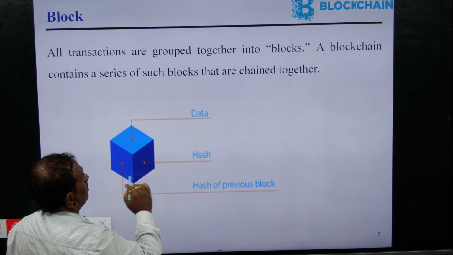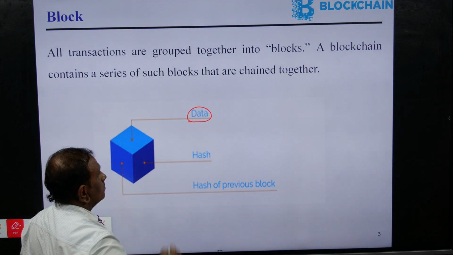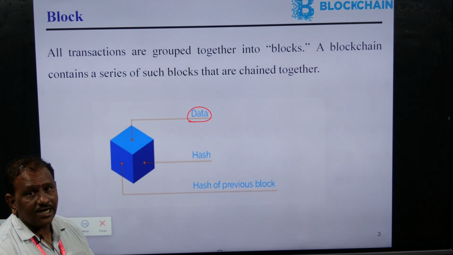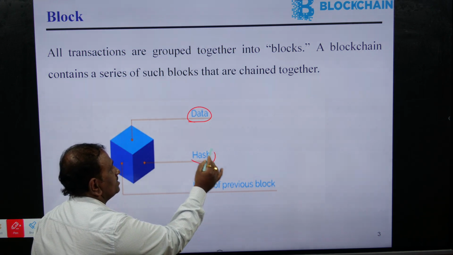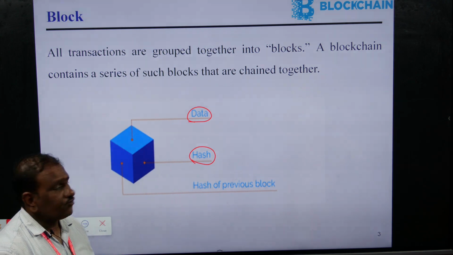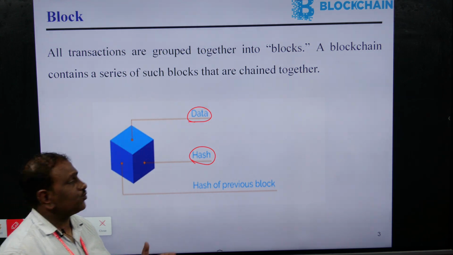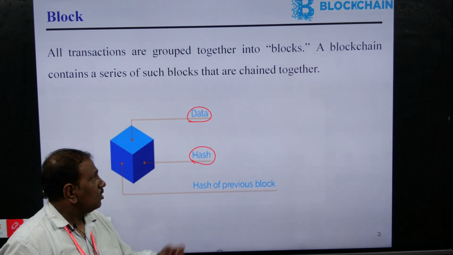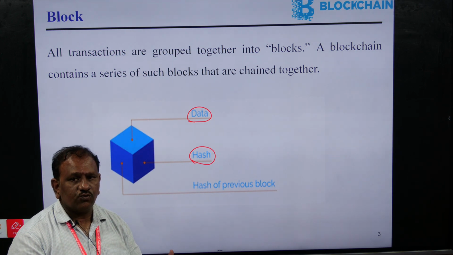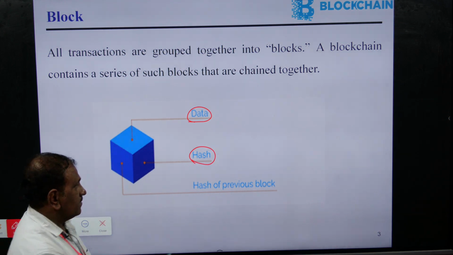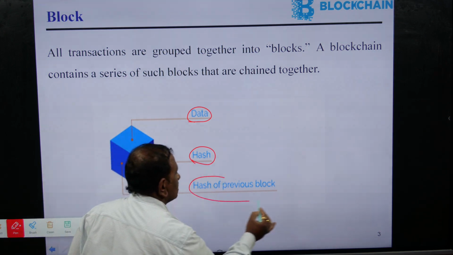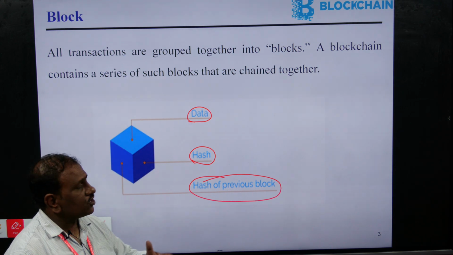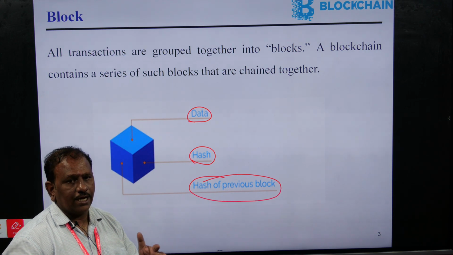In this block, there is data and a transaction hash. For every transaction here we talk with respect to a transaction hash. What the transaction hash is, we will also discuss in further classes, and the hash of the previous block will also be stored. That is what we call a block.